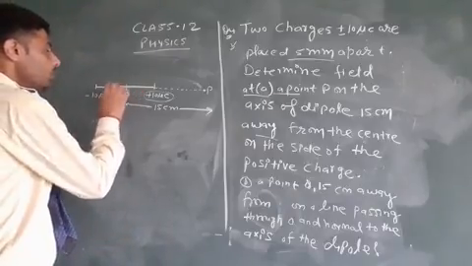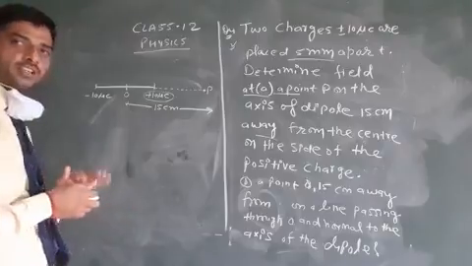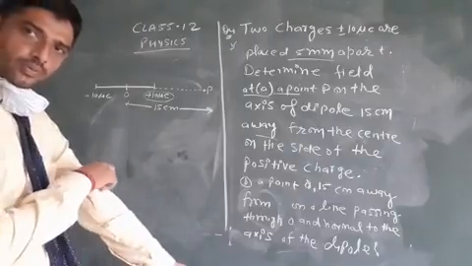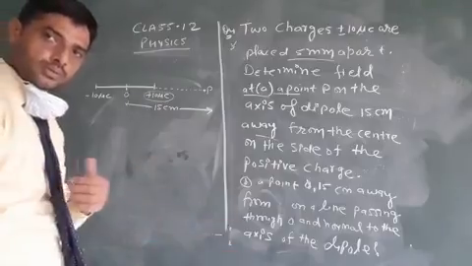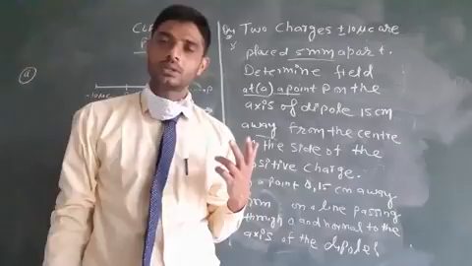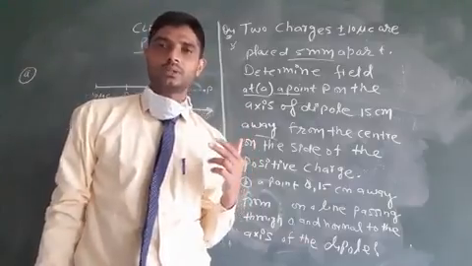So this is the dipole and this is the axial position. As I told you, you can solve this numerical by two methods.